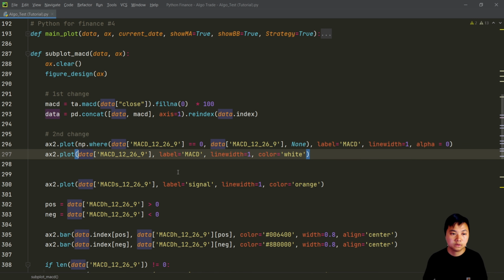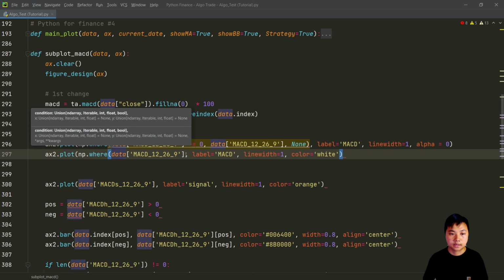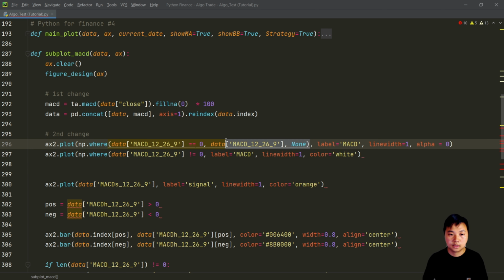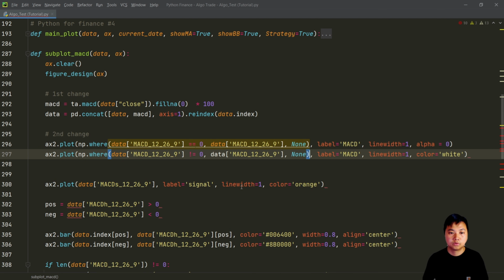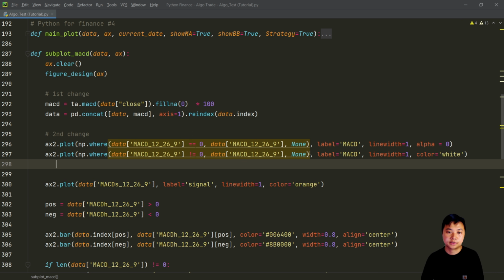On the other hand, if this data is not equal to 0, then I will just set these values back to the original data, and otherwise just set it to None.